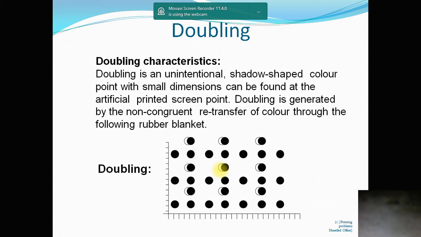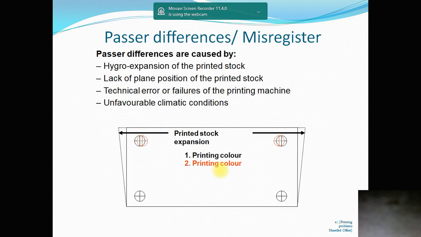So we have to check the rubber blanket, and if possible we have to remove it and fix a new rubber blanket. Otherwise we have to clean the blanket surface and continue the printing work. This is about doubling.